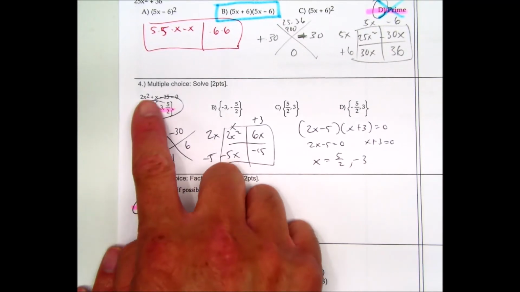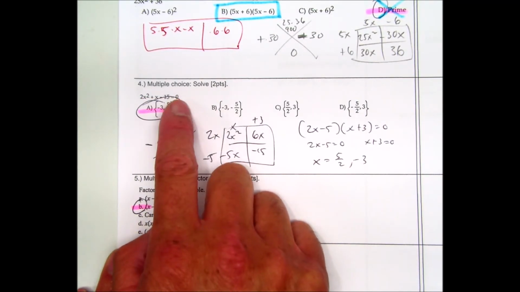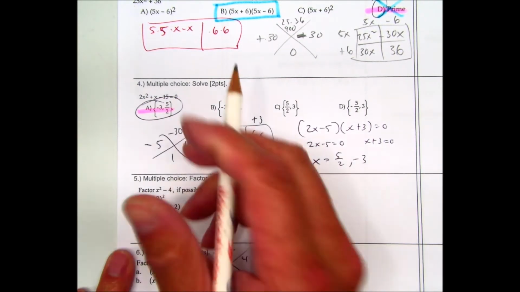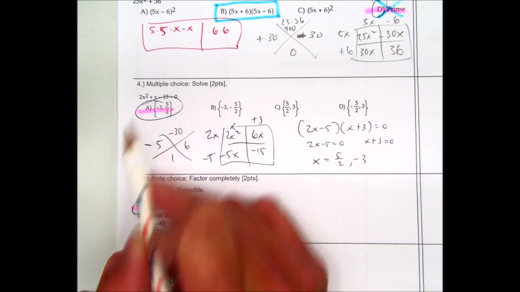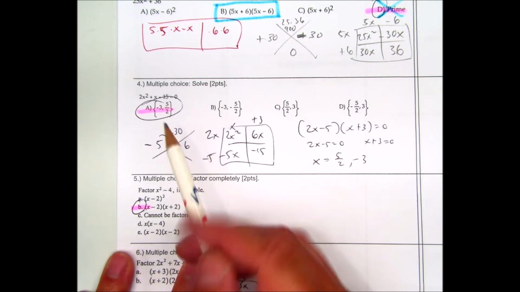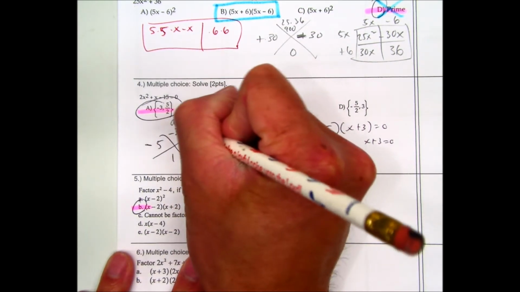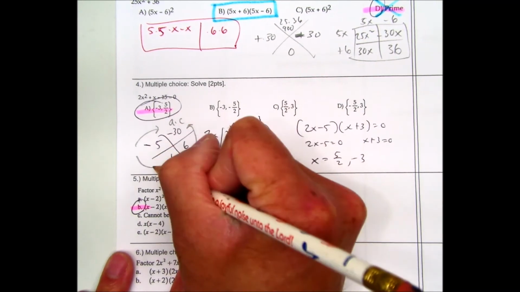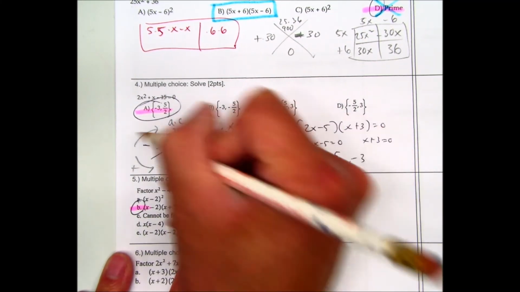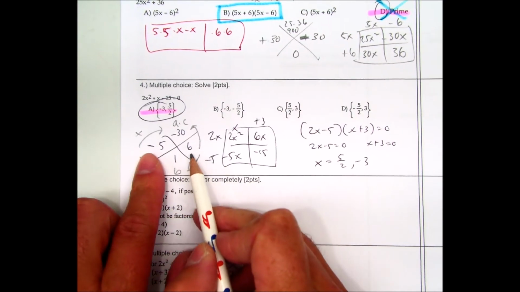Question number 4, solve. So in order to solve, you have to set it equal to 0. So A, B, and C, if you factor it, this is your A times C, this is your B value. 2 numbers that multiply to be negative 30, but also add to be positive 6. Negative 5 and 6.